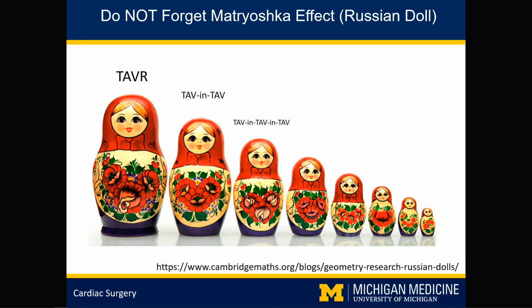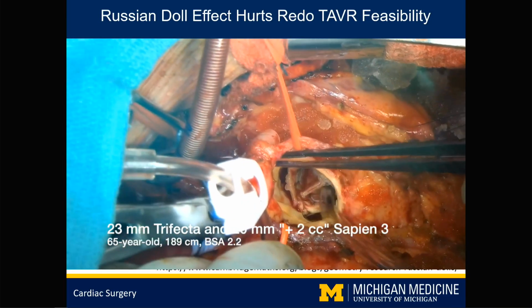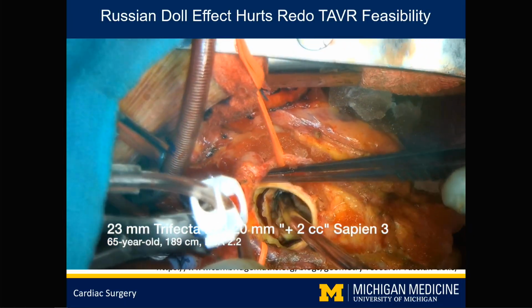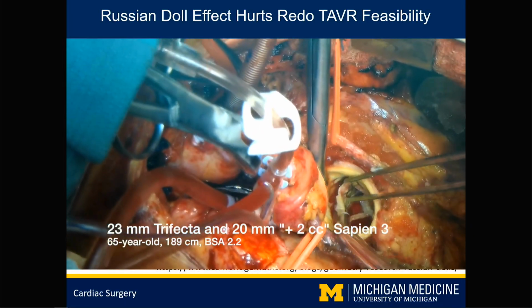Is that true? I think people only talk about prosthesis-patient mismatch, but it's a little bit more than that. Every time we implant a new valve, it gets smaller. I'm not blaming TAVR; I think TAVR in SAVR is the same thing. This is just a most recent case that we did.